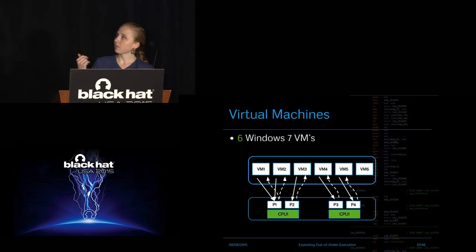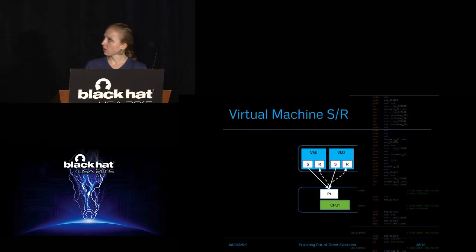Specifically, we're running 6 Windows 7 VMs with just noisy processes going on to mimic the cloud environment. And the 2 VMs that we were using as a sender and receiver were just operating different processes at the same time, and they were sharing the same pipeline here.